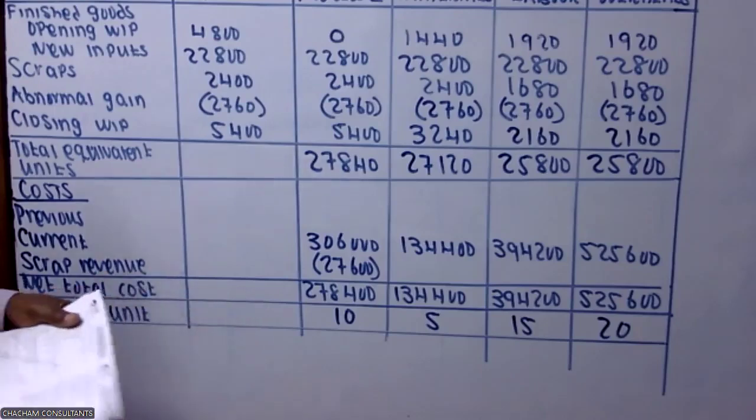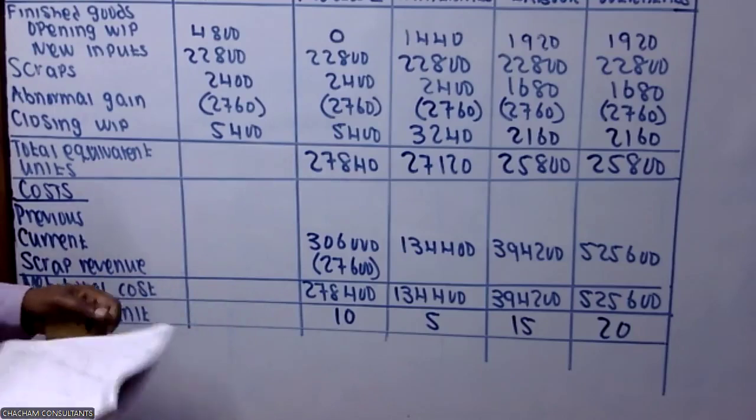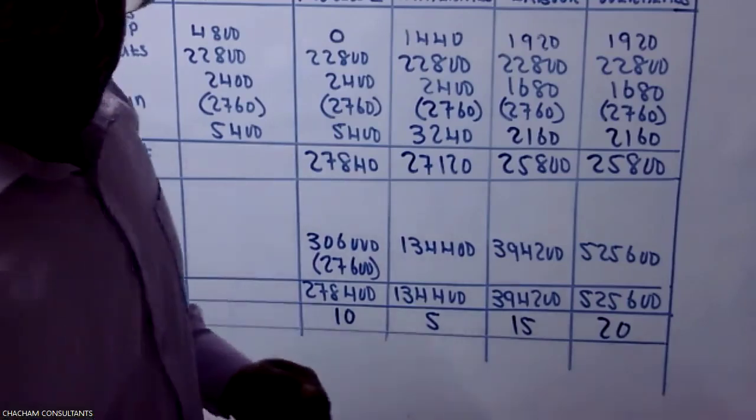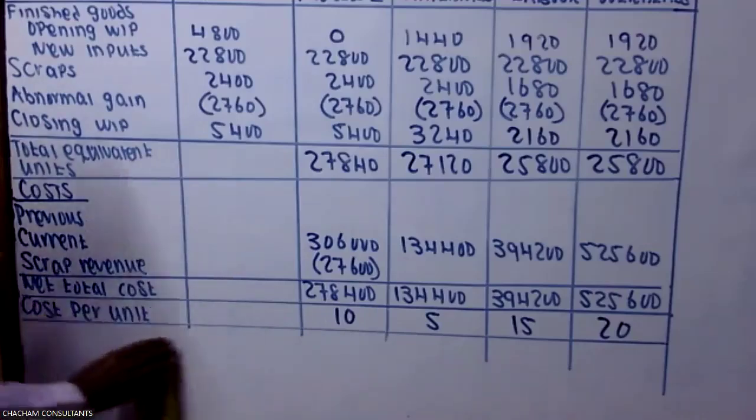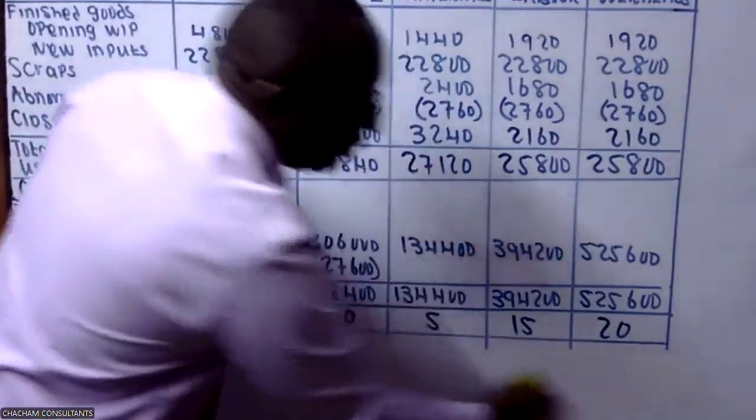So kuanzia hapo, we now do the valuation per unit. Down there, the same valuation per unit.